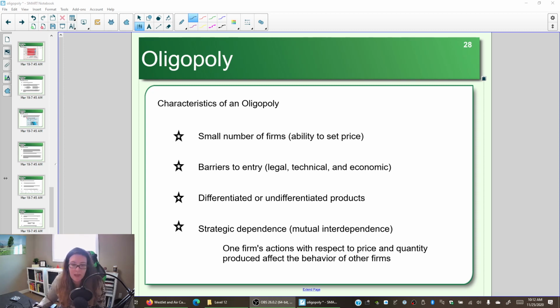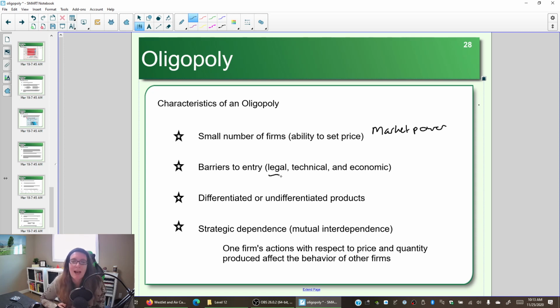And when you have less competition, the businesses each have more market power, so they have the ability to influence the price. Why are there only a handful of companies in this market? Well, it's because there are barriers to entry. They can be legal barriers, right? So it could be that there are government requirements in order to run the company or operate the business. Maybe you are dealing with classified information or materials.